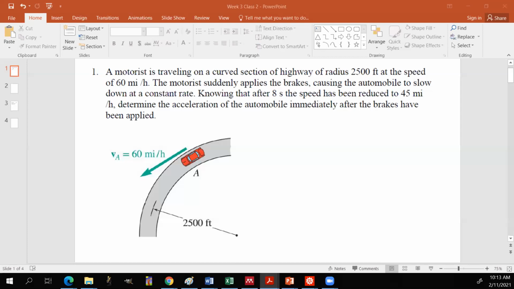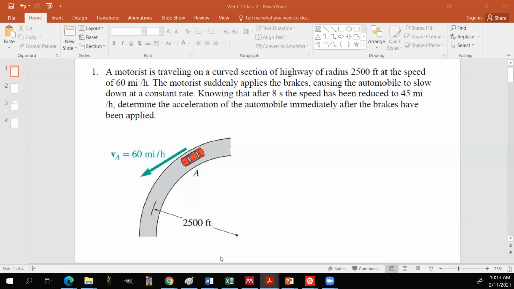So here, the first thing is, again, figuring out what's the best way to do it. The best way is looking at the tangential velocity and the tangential acceleration, and as soon as you do that, it clicks into place that we should probably use normal and tangential components.